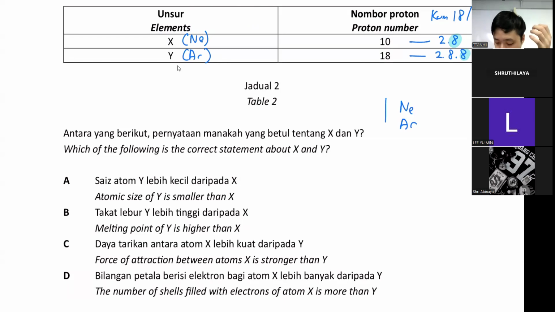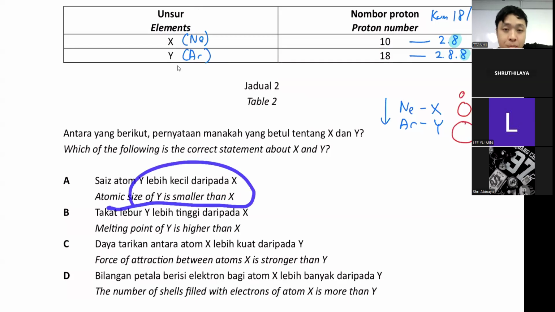Let's say this is X and Y. Down the group, the size increases. It means Y has larger size than X. So A is already wrong. Argon has larger atomic size than neon, so gone.